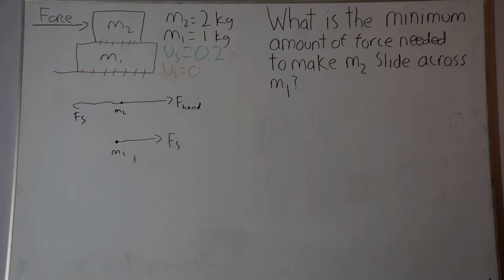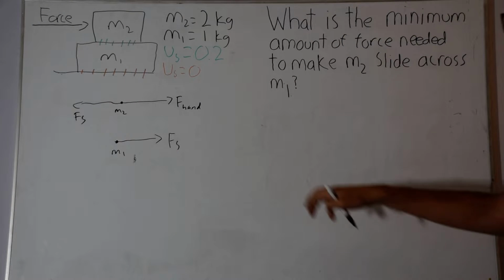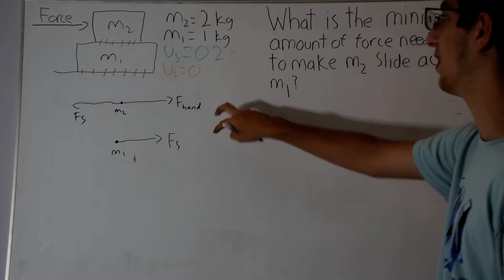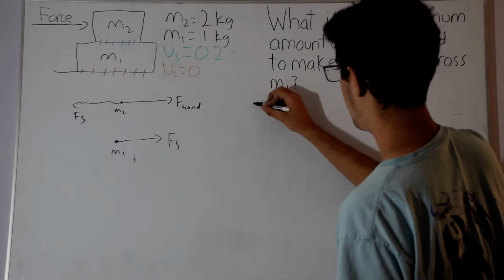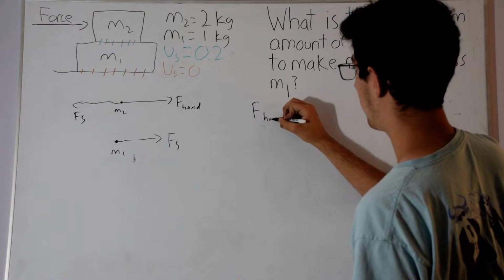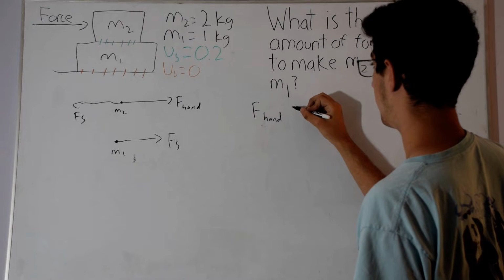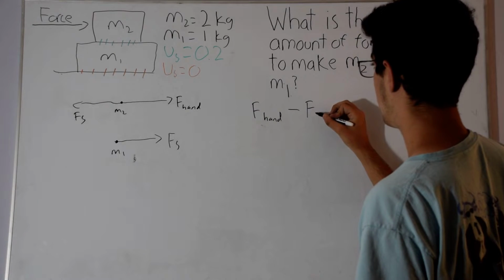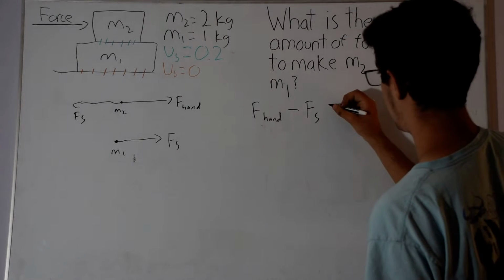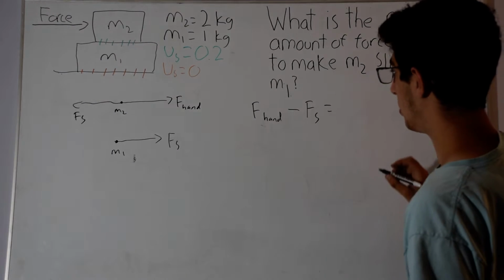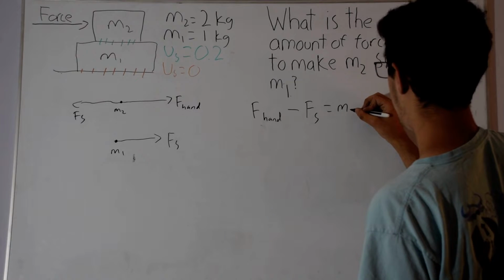Okay, great. So first, let's write the two equations that we get from these two free body diagrams, and then let's try to address the question. So the first equation would be the force of the hand minus the force of friction, and that's just again static friction, because that's what it's going to be, is equal to ma.